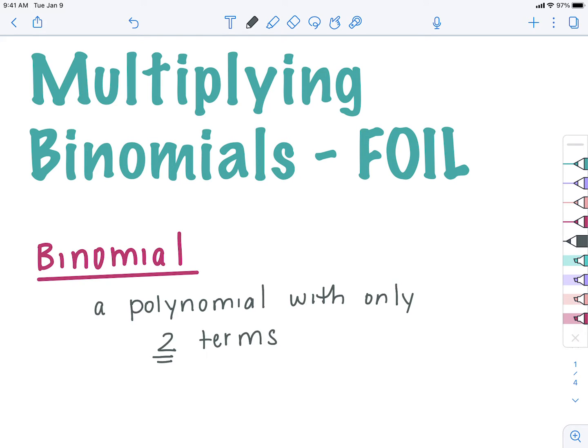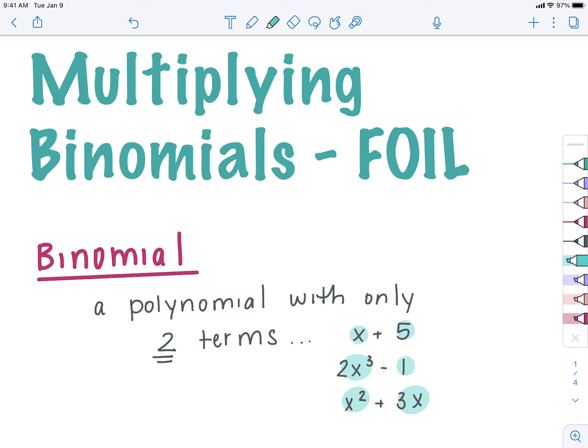So it's things like x plus 5, or 2x cubed minus 1, or it could even be x squared plus 3x. They could all have variables. It's just anything that has two terms. So a binomial is anything with two terms.